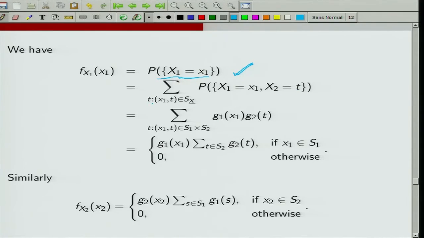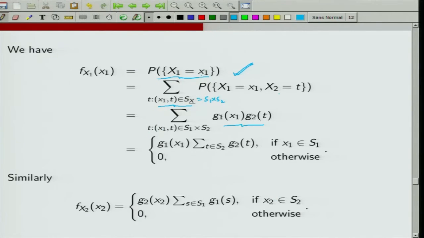This is a collection of all those t such that (x1, t) belongs to Sx, so probability X1 is equal to x1, X2 is equal to t. I write this as a union of singletons, as written over here. So, this is the same as the summation over t, with (x1, t) belonging to S1 cross S2, because Sx is the same as S1 cross S2, of g1(x1) g2(t).